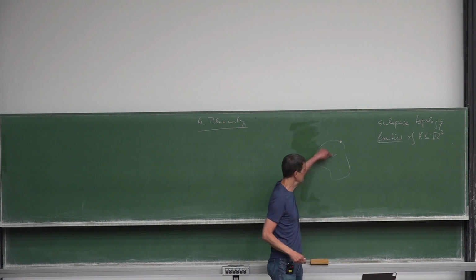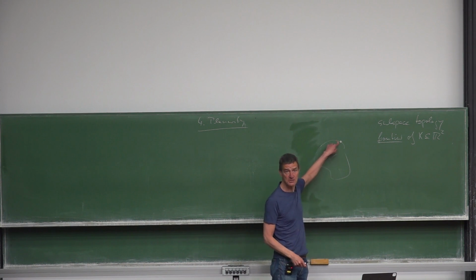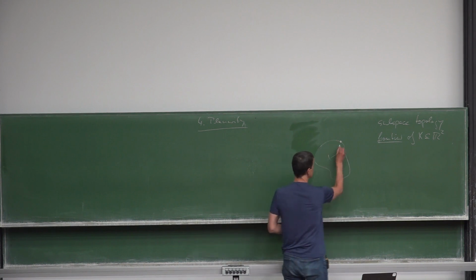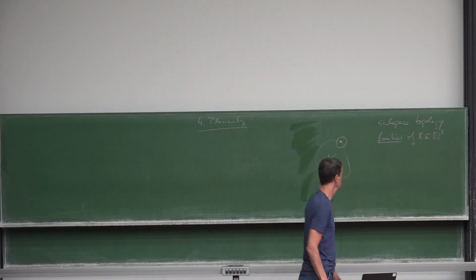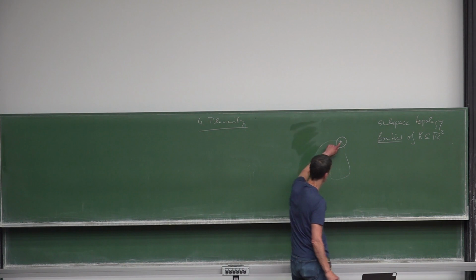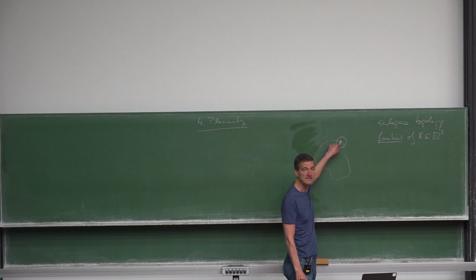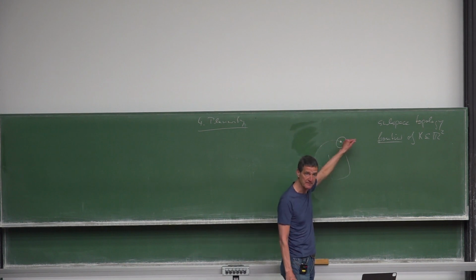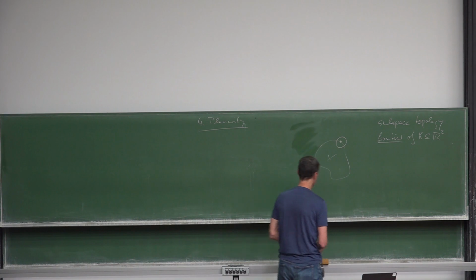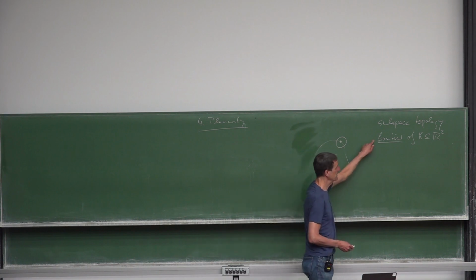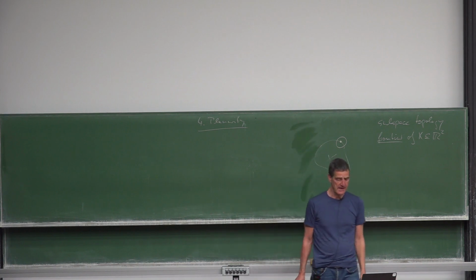It doesn't matter whether it's a point of that subset or not, with the property that every open neighborhood of that point meets both X and the complement of X, R² minus X. The frontier is the set of all such points. Right? That's the definition of frontier.